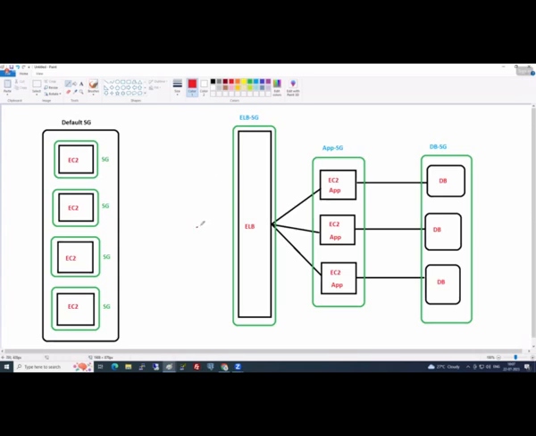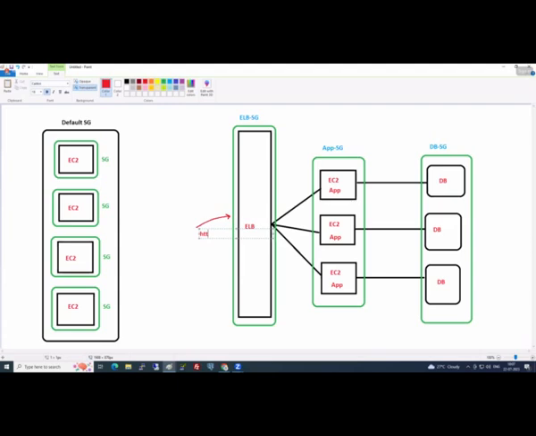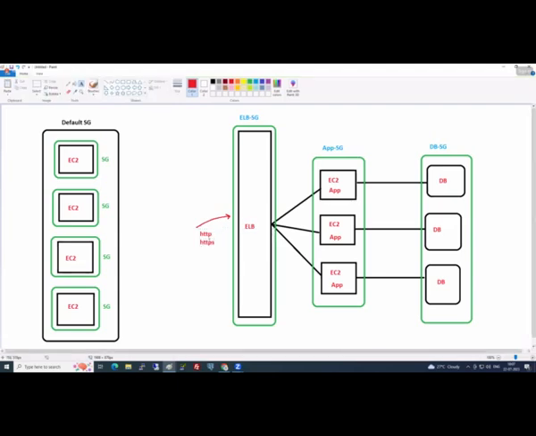So the load balancer will be listening on HTTP, or if you want to go with secure, HTTPS. Yes. So here, the load balancer will be listening on HTTP and HTTPS.